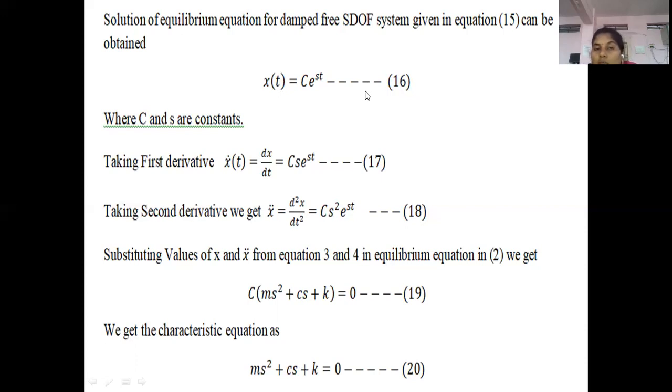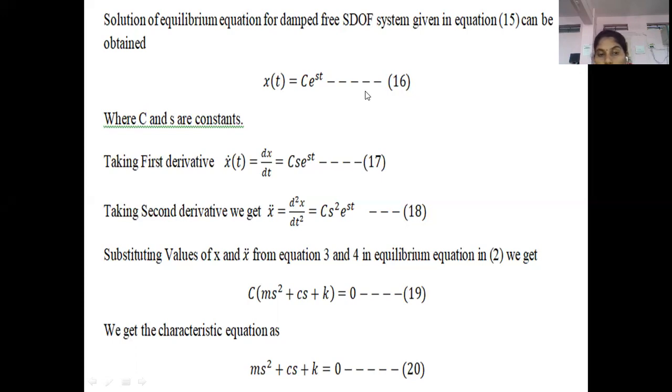Write down: the solution of the equilibrium equation for the damped free SDOF system, given in equation 15, can be obtained as x of t is equal to c into e raised to st. That is the equation number 16.